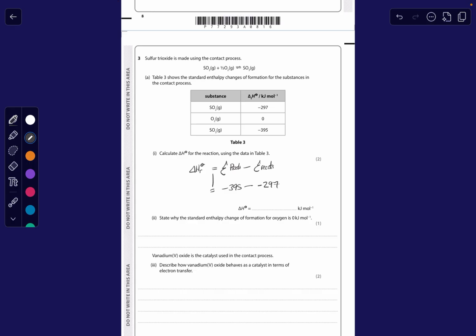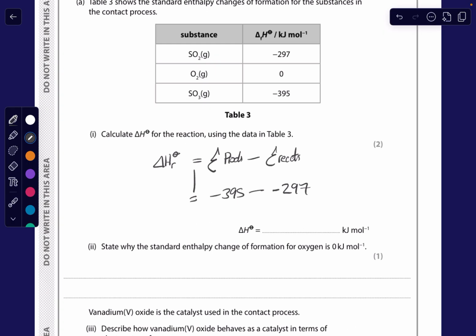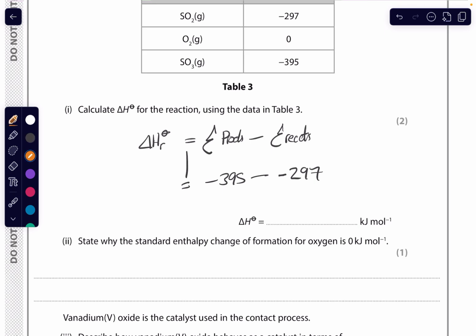I would like you all to notice that when I've written this in, I've kept the negative in there. So I've done negative 395, subtract negative 297. Some of you have gone really fancy and gone, right, I'm going to turn that into a plus, and then for whatever reason, something's gone wildly wrong and you've gotten the wrong answer.